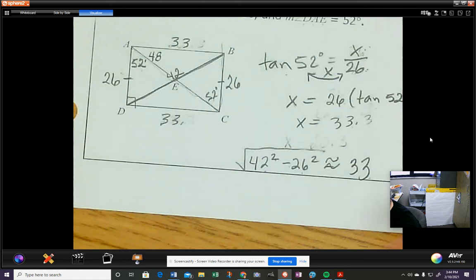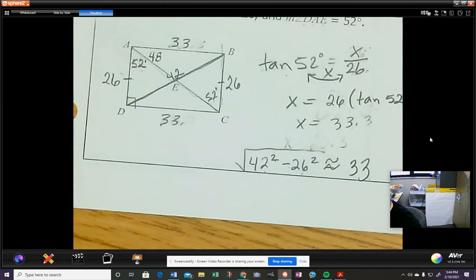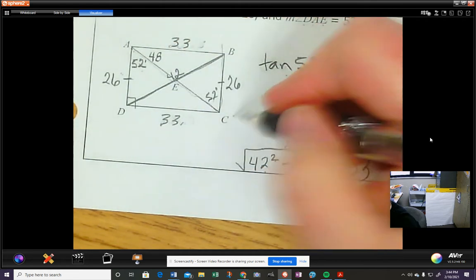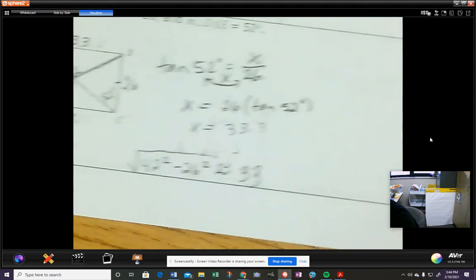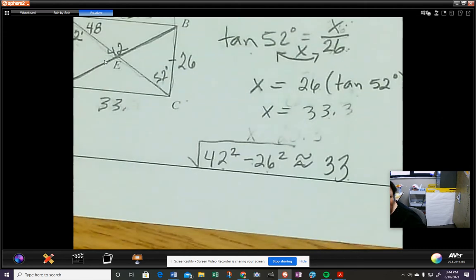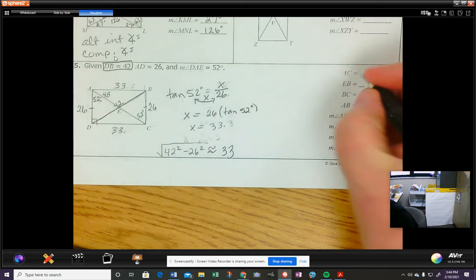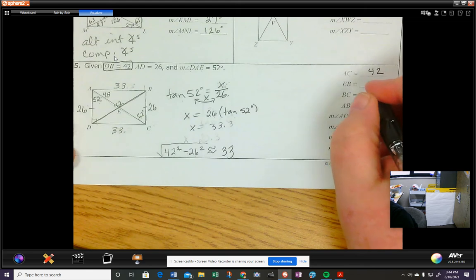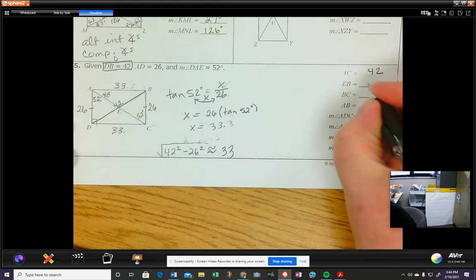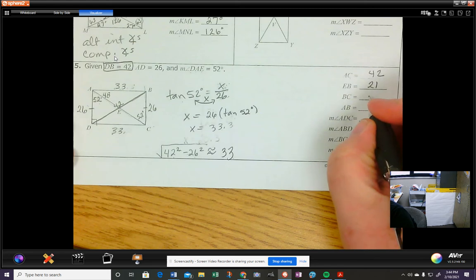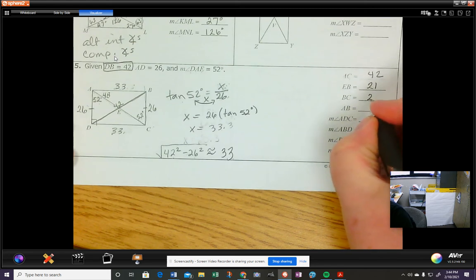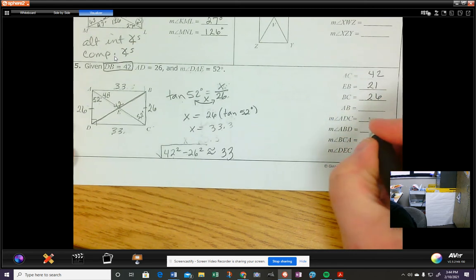Let's see if we can answer our questions. AC is 42. Let me zoom out here. AC equals 42. EB is 42 divided by 2, which is 21. BC is 26. AB, we're going to say 33.